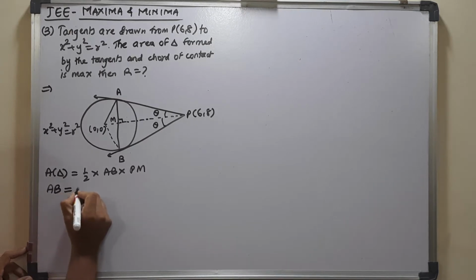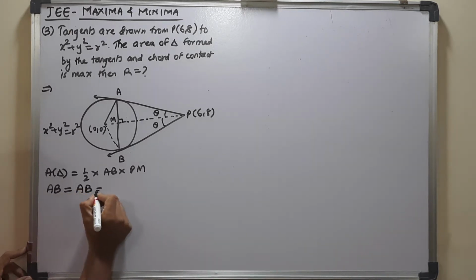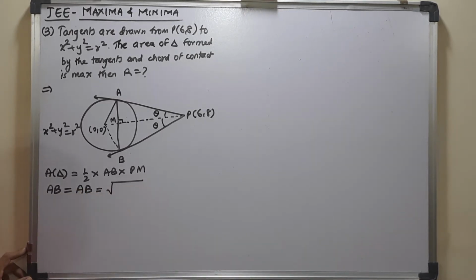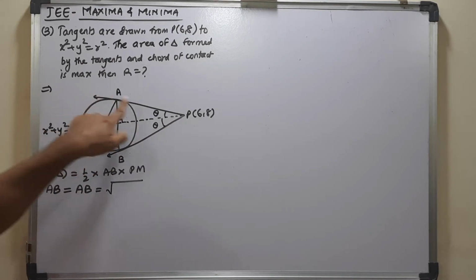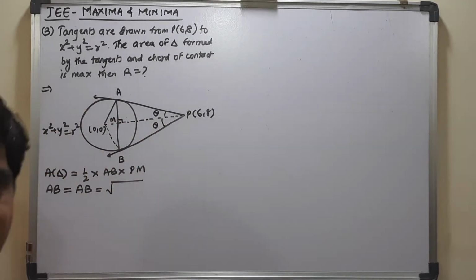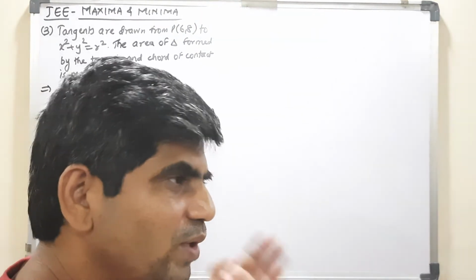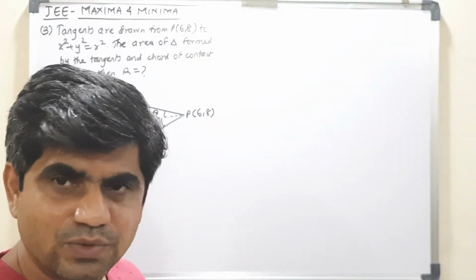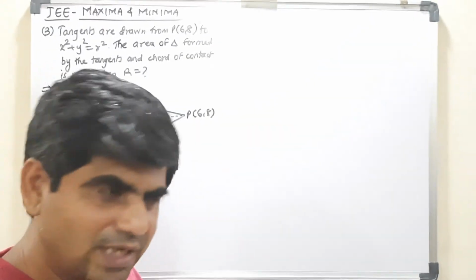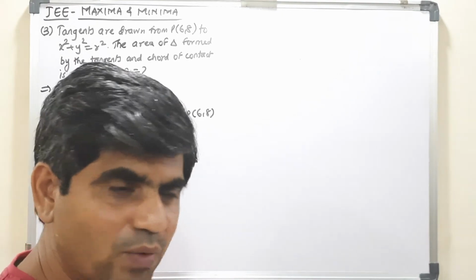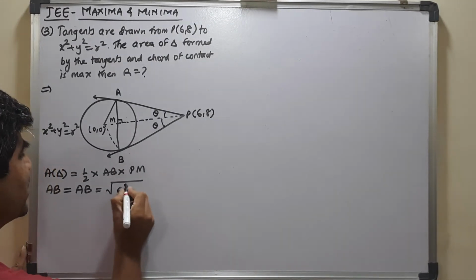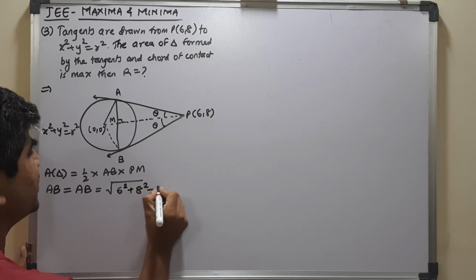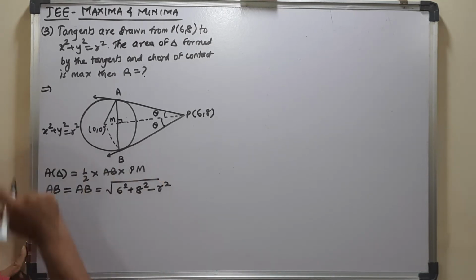AP is equal to AB, which is nothing but under root r square, whatever square, and that square, using Pythagoras, or if you use the formula also. So it is under root x1 square plus y1 square, and c if it is there. Here x1 square plus y1 square means 6 square plus 8 square, minus r square, because r is given on the right side.